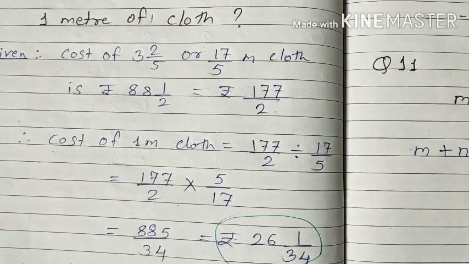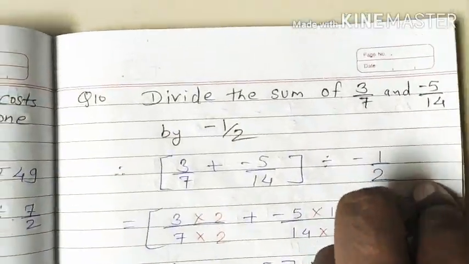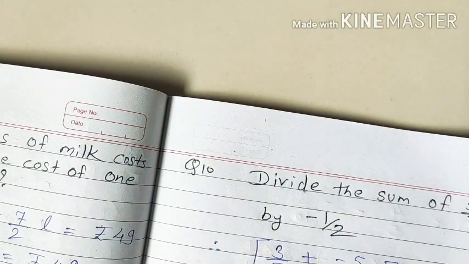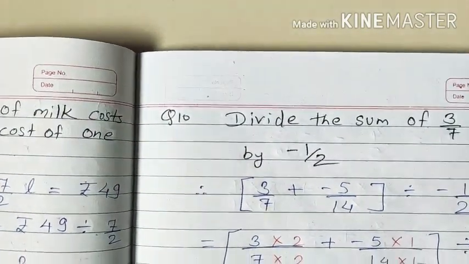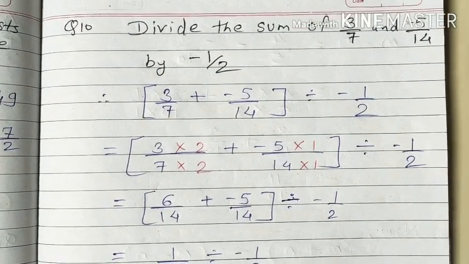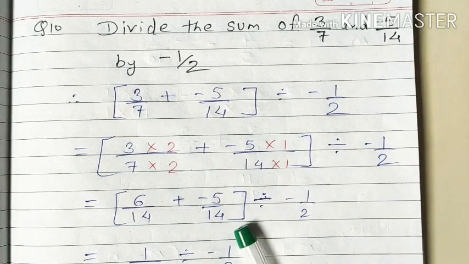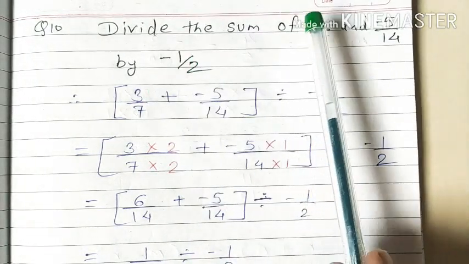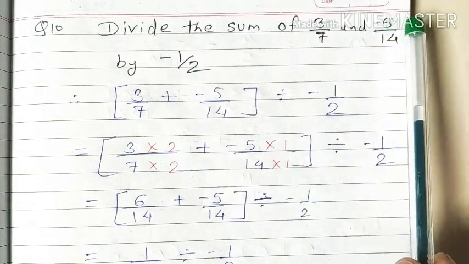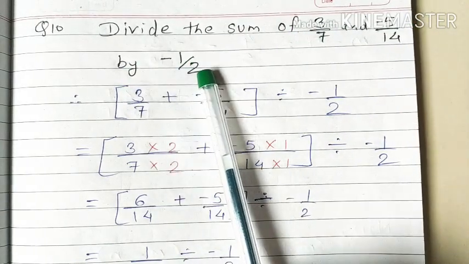Question number 10. The question is, divide the sum of 3/7 and minus 5/14 by minus 1/2.